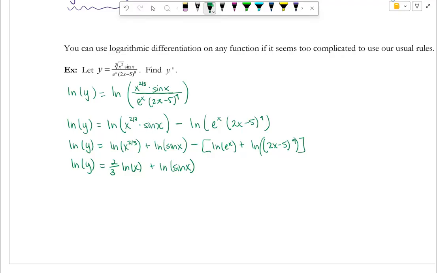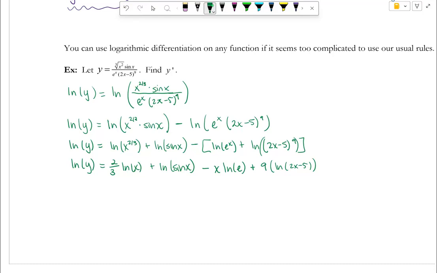I'm going to distribute the negative as I go through. So minus, I'm going to pull my exponent x out. So this becomes x times the natural log of e, which is just 1. Or I could just think of the natural log of e to the x as just x. And then finally, plus 9 times the natural log of 2x minus 5.